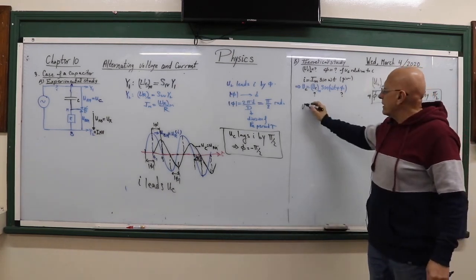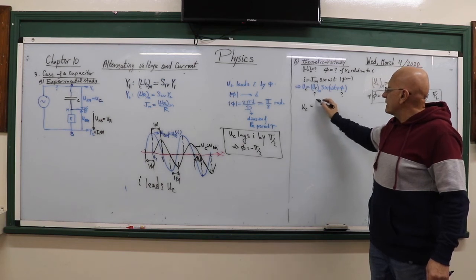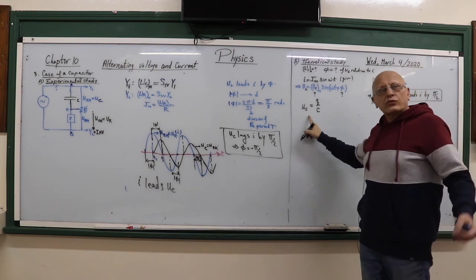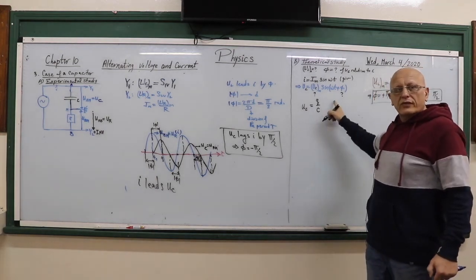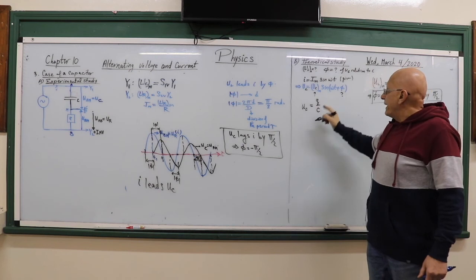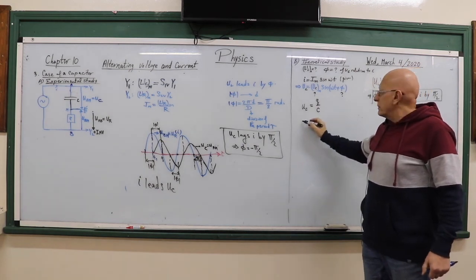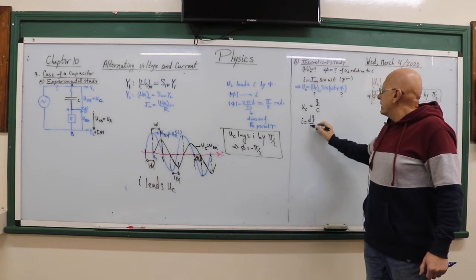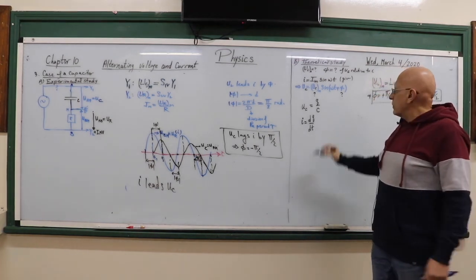Since I am working theoretically, I need a formula to start. The formula is UC equals Q over C. So in order to find UC, I should find Q. As you know, the relation for variable current is I equals dq over dt.